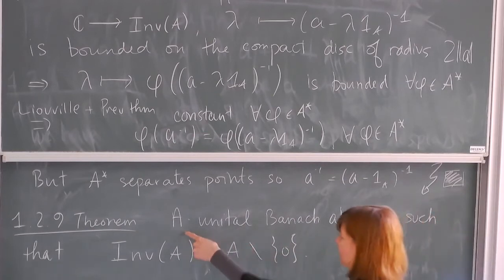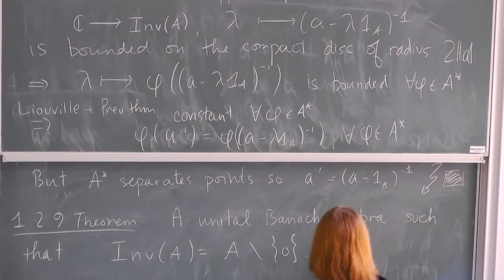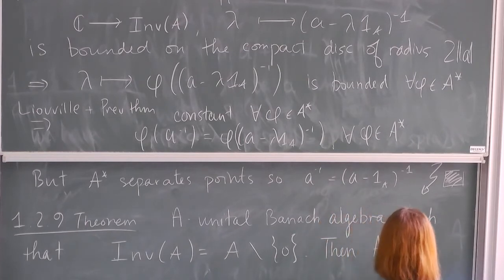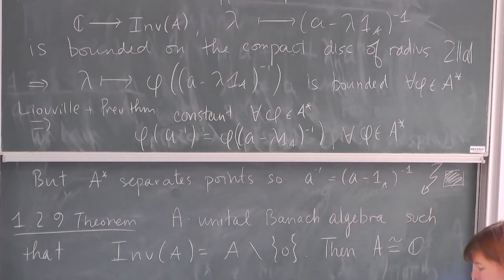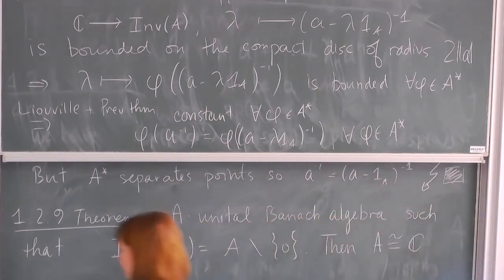Then we must have that A is just the complex numbers, which is a perfectly nice Banach algebra with respect to its usual norm.